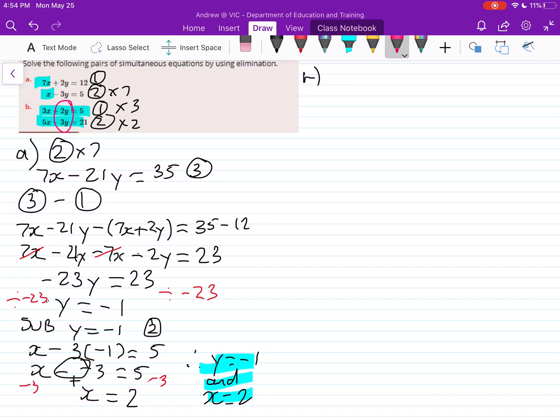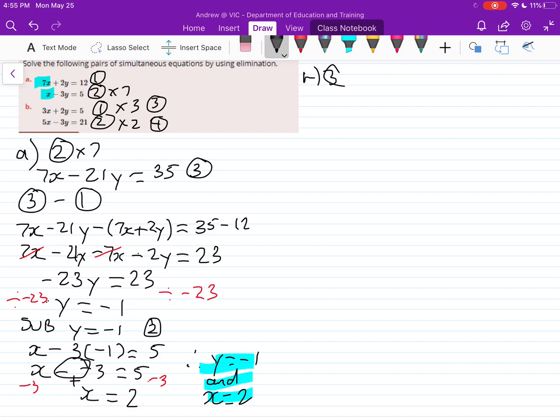Because 2 times 3 is 6 and 3 times 2 is 6, that will give us our y coefficients the same, so then we can eliminate them. I'm going to call this one equation 3, this one equation 4.